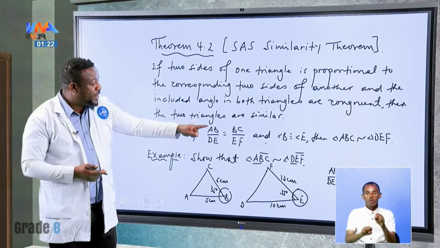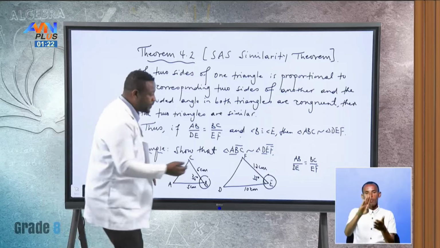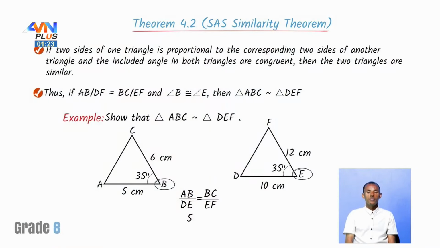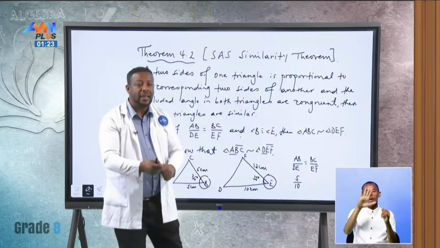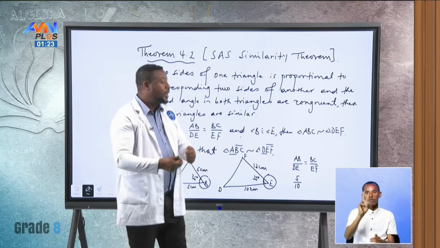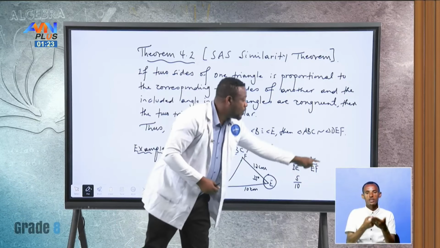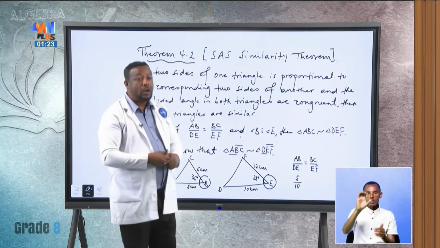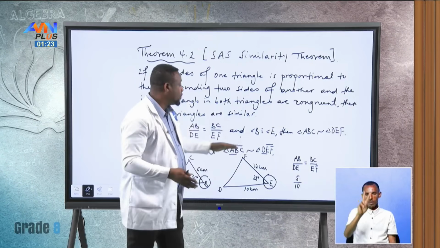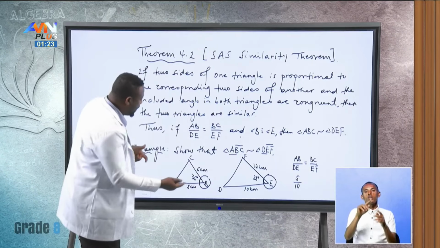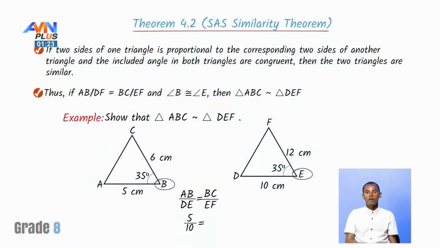So as you can see here, AB is 5, and DE is 10, okay? The simplified form of 5 over 10 is 1 over 2, as you can check. BC over EF must also be 1 over 2. Otherwise, these two triangles are not similar. So BC is 6, and EF is 12, okay? Clearly, these two fractions are the same.